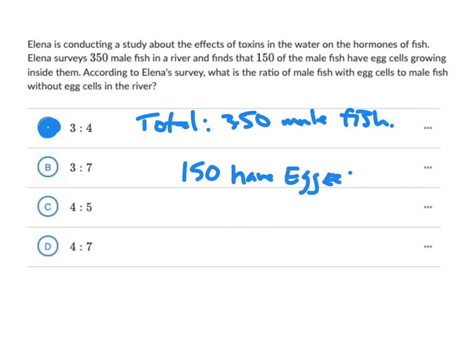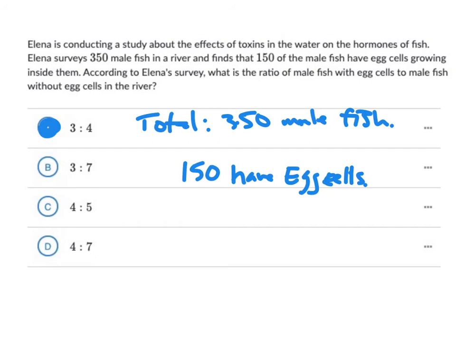According to Elena's survey, what is the ratio of male fish with egg cells to male fish without egg cells? All right.